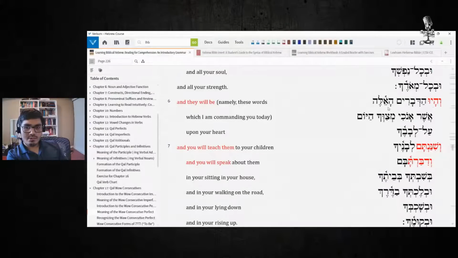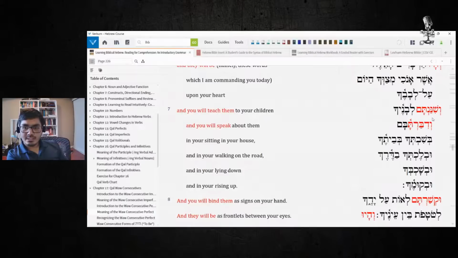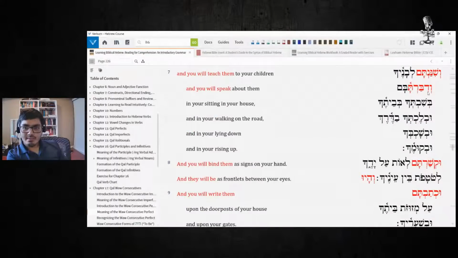V'hayu hadevarim ha'ele asher anochi metzavcha hayom al levavecha. And these words will be, which I've commanded you, upon your heart. And then Vashinantam levanecha, you will teach them to your children. Vadibarta bam, and you will speak about them.